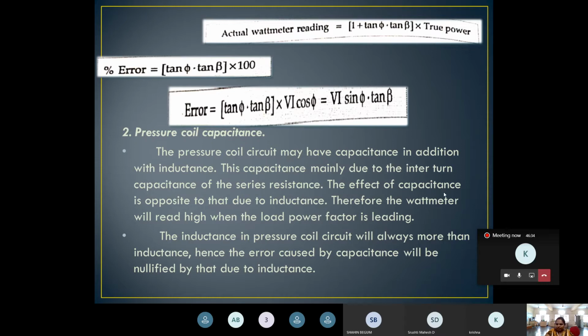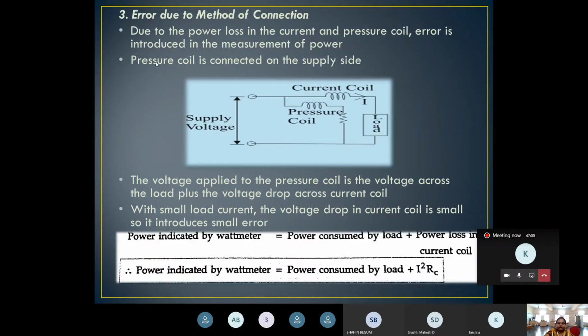Because of this, the wattmeter reads a high value when the load power factor is leading. The inductance in the pressure coil circuit will always be more than the capacitance. Hence, the error caused by the capacitance will be nullified by that due to the inductance. Due to this capacitance, I can nullify the error I am going to get in the pressure coil.